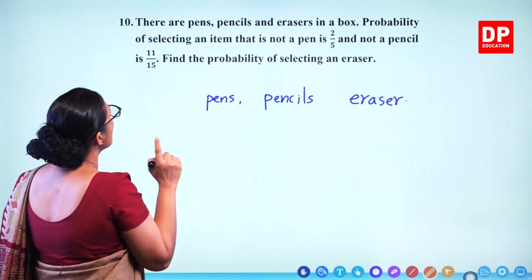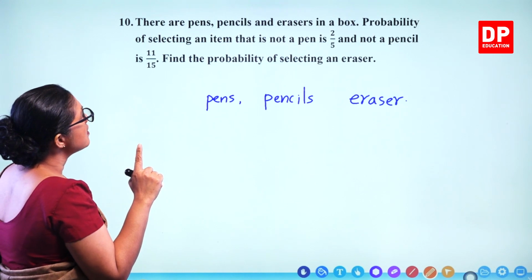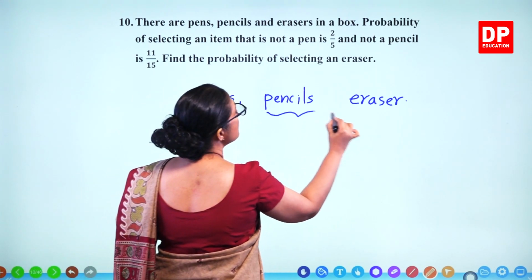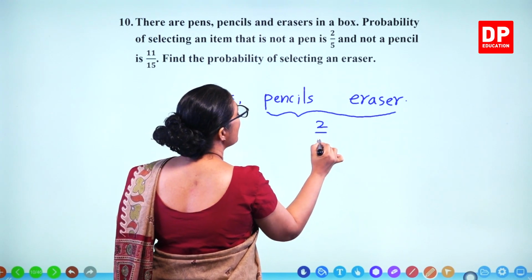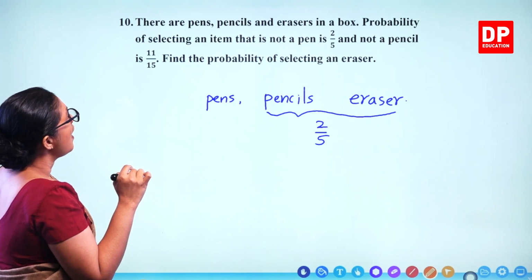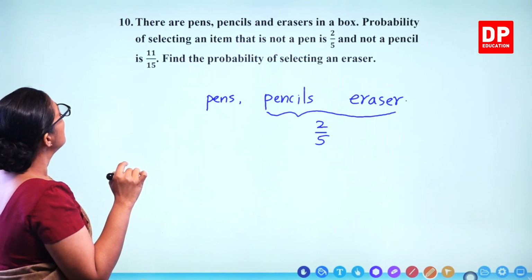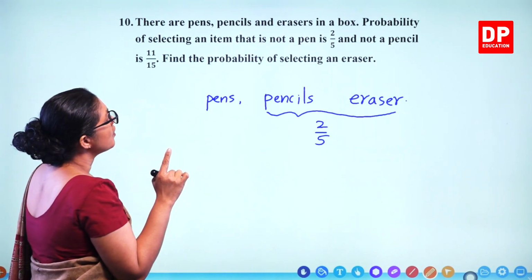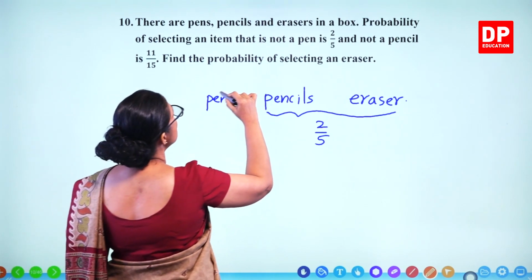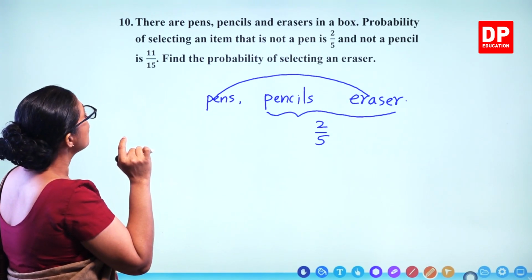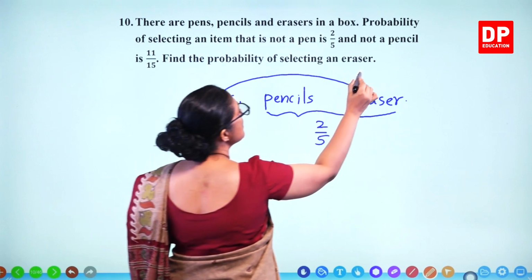Selecting an item that is not a pen, not a pen means these two. That's 2 over 5. And it says not a pencil. Not a pencil means these two, not a pencil is 11 over 15.